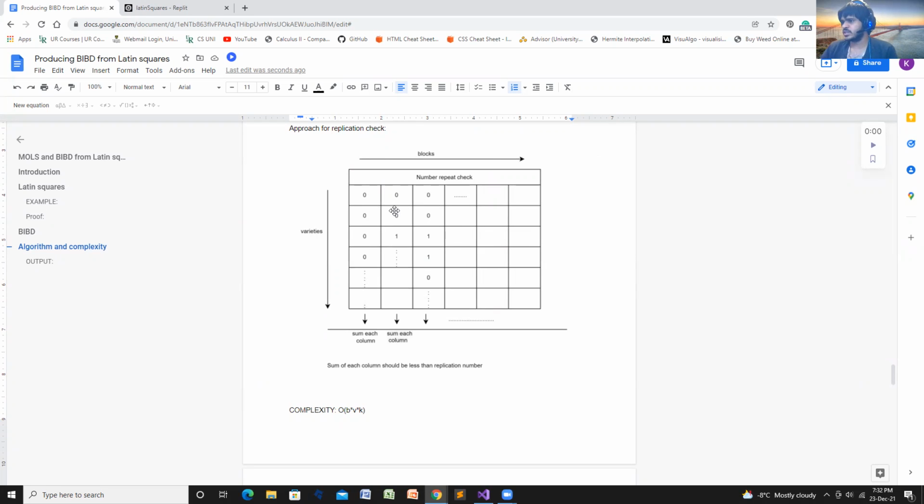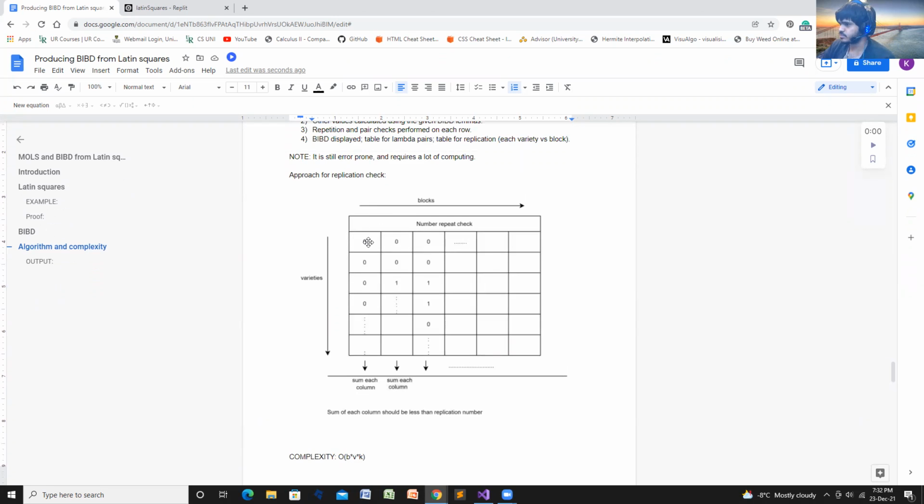Using this, we'll be checking how many times a number is being repeated in each block, and in each block we'll mark what number is being repeated.